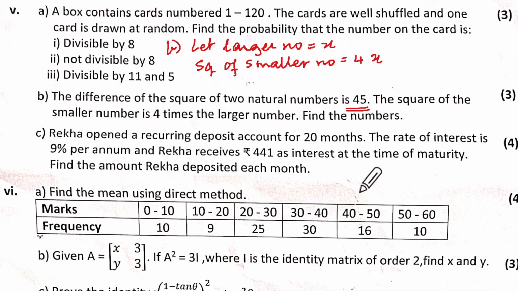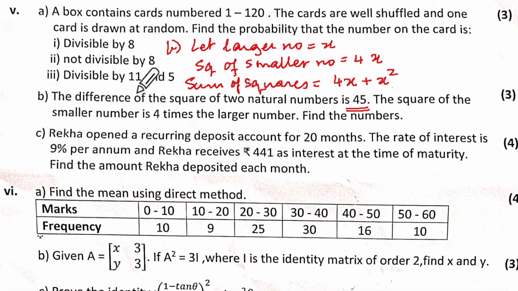Did you understand this part? Yes, ma'am. Then the sum of squares is going to be the smaller number square, means 4x, plus larger number square. Did you understand this part? Yes, ma'am.